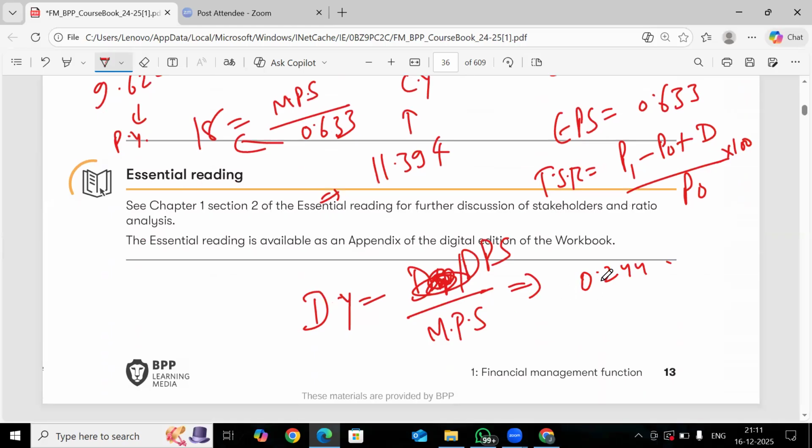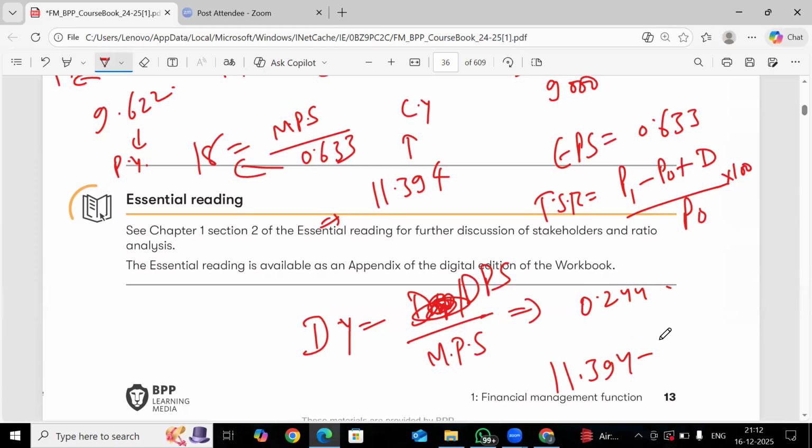So this is the dividend yield ratio. Okay. So the current share price is 11.394. Previous year share price is 9.622.